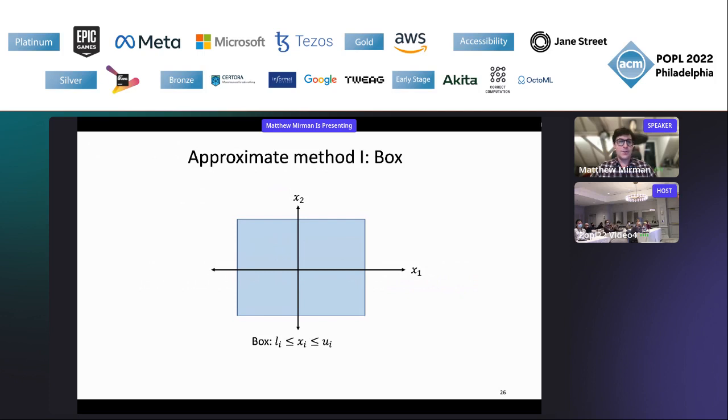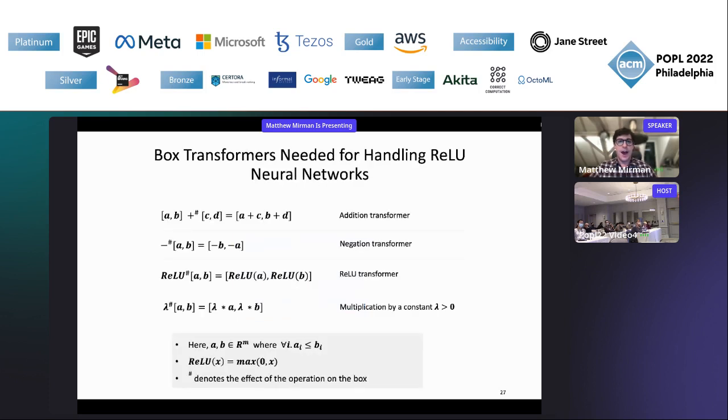And it's a useful domain to look at because while it does not keep around relations, it's fairly easy to program and analyze. And the transformers, as we will see, are also continuous and have nice properties that are easy to define.